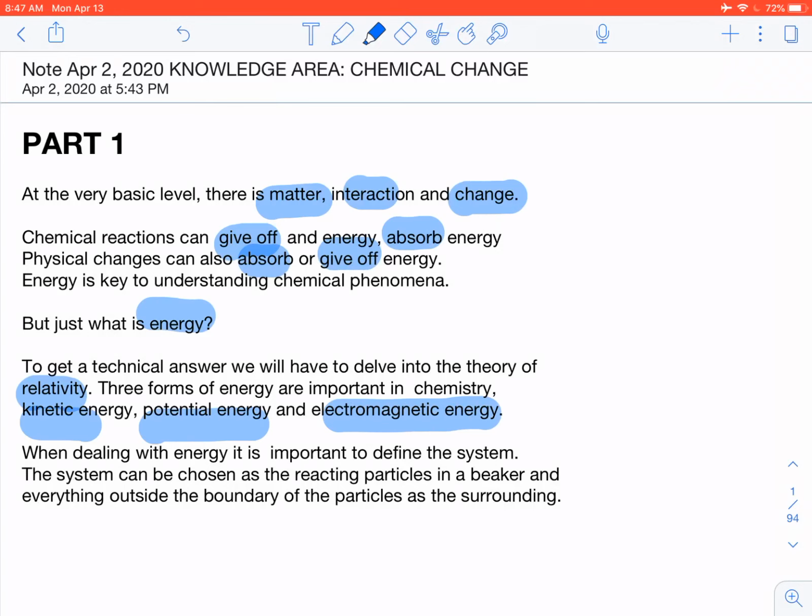Now, when dealing with energy, it is important to define the system. And the system can be chosen as the reacting particles in a beaker, or everything outside the boundary of the particles is the surrounding.